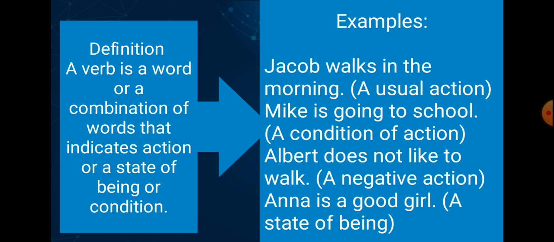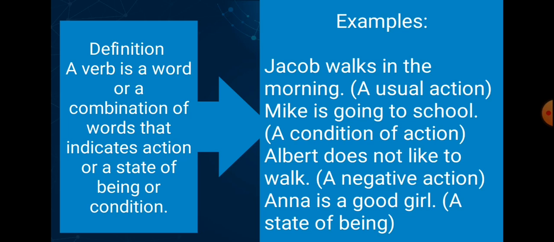In previous classes we learned about verb, that verb is a word that indicates or shows action. Here a verb is a word or combination of words that indicates action or a state of being or condition.